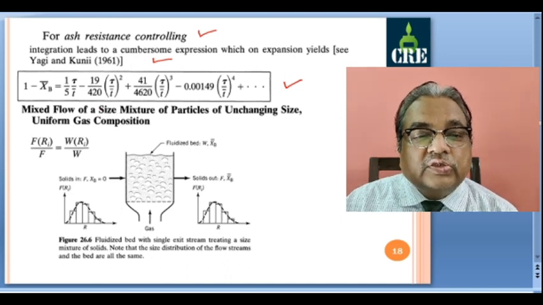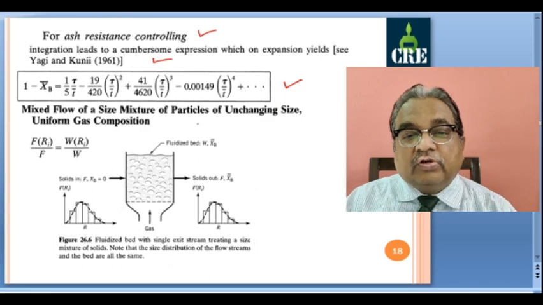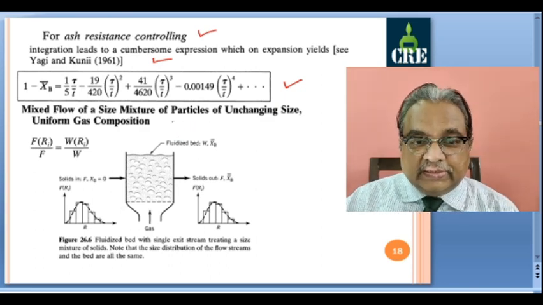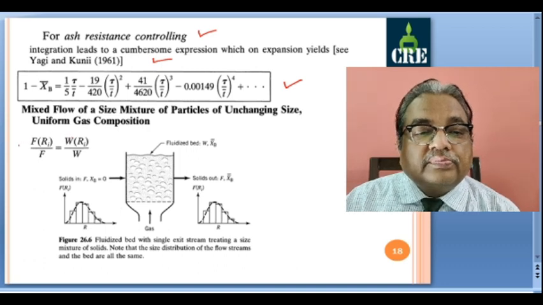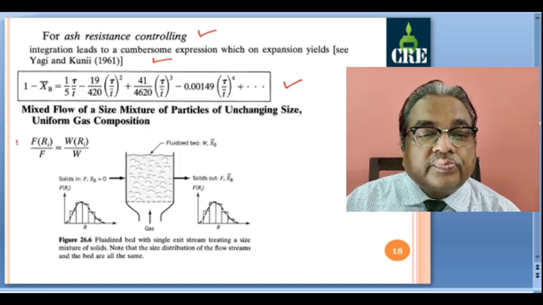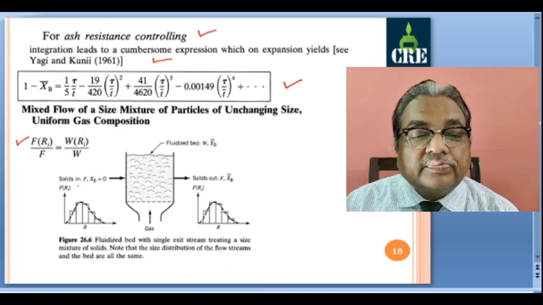Now we will extend this to mixed flow of a size mixture of particles of unchanging size and uniform gas composition. So here we know, F_Ri by F is the fraction of the feed, W_Ri by W is the weight fraction of solids in the reactor.